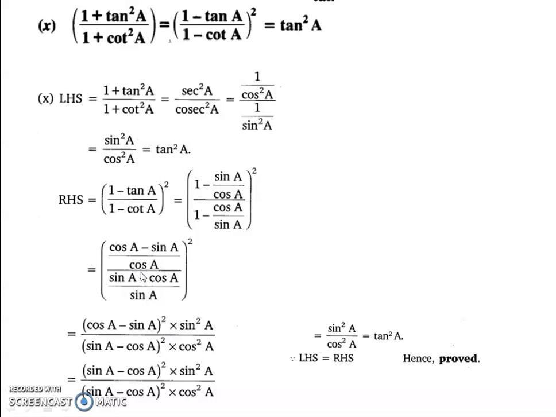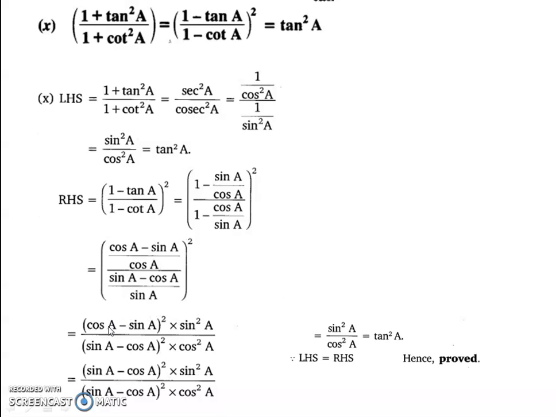This will be reciprocated. Sin square A will come up and cos square A will come down. So sin square A by cos square A. Now (sin A minus cos A) the whole square. We wrote (cos A minus sin A) the whole square as (sin A minus cos A) the whole square.